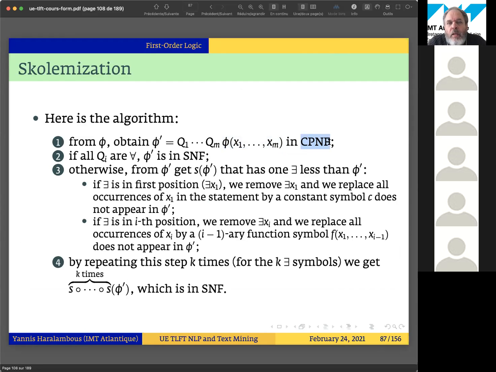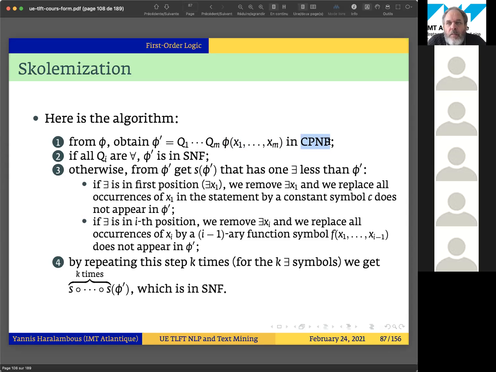Now, if all quantifiers are already universal, then I'm done. There's nothing to skolemize. If this is not the case, it means that I have at least one existential quantifier.